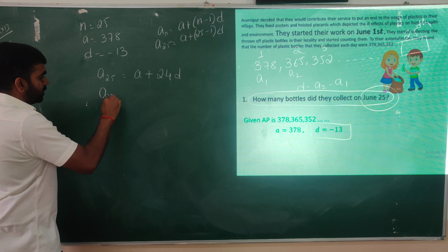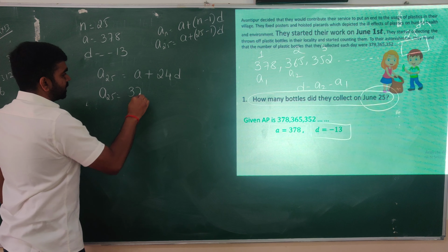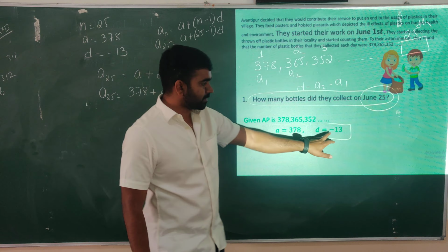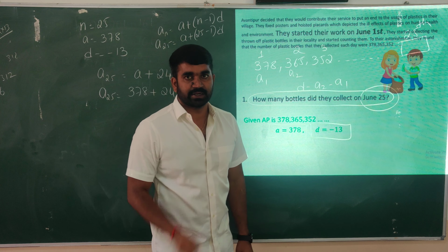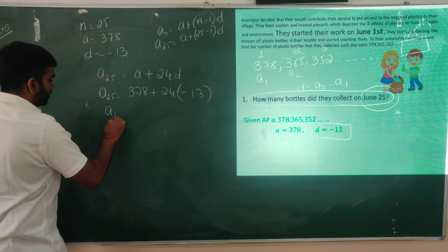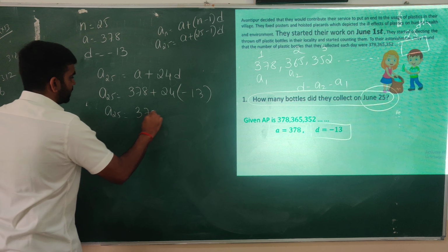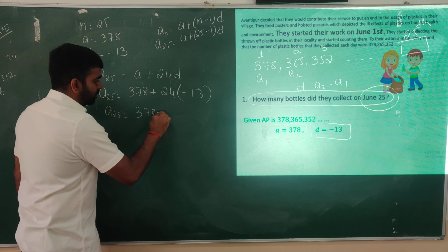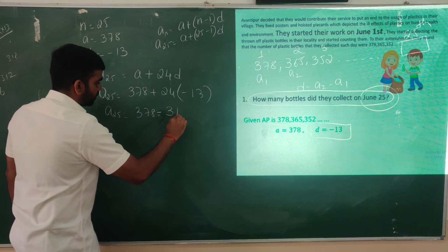So A25, the value of a is 378 plus 24. Keep it in mind, the d value is minus 13, it is not plus 13. So A25 is equal to 378 minus 24 into 13, which is 312.